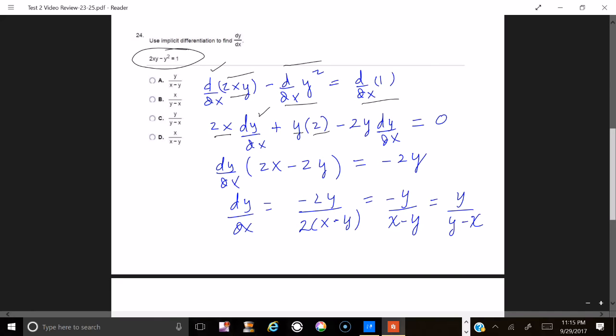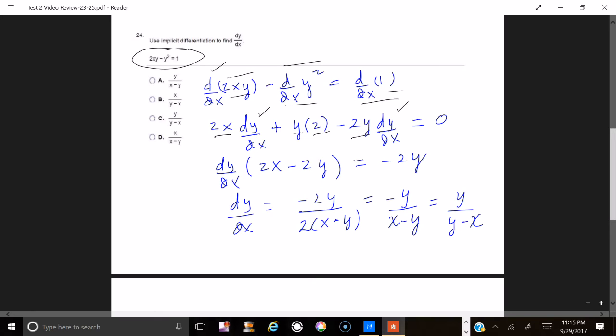Then d/dx of y squared is going to be 2y, which is the derivative of y squared with respect to y, times dy/dx, the chain rule. And then d/dx of 1 is 0.